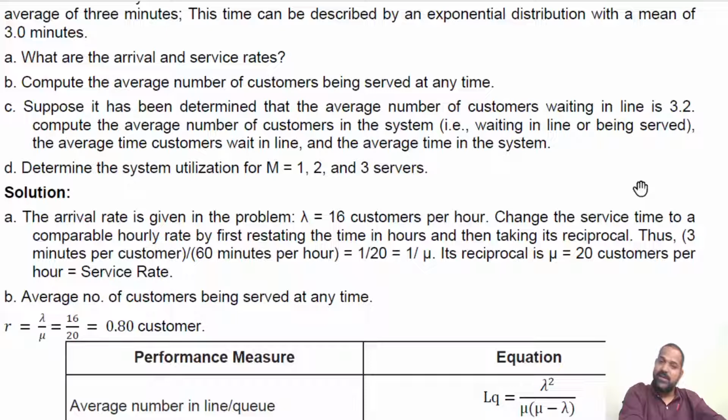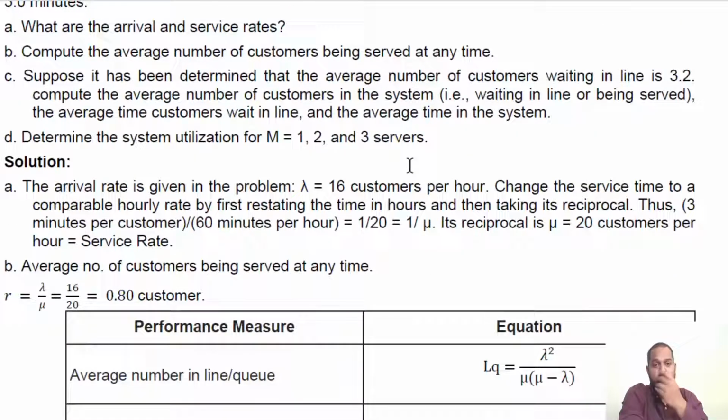Let's come to the last part. Determine the system utilization for M equal to 1, 2, 3. Now, remember, according to my model, I had written that number of servers is C. They write number of servers is M. So make that change: in the place of my C, you will have M. If you are increasing the number of servers, one clerk can serve 20 people.